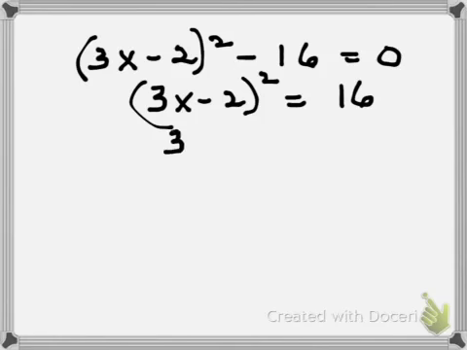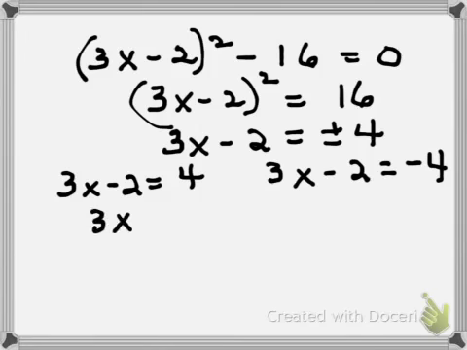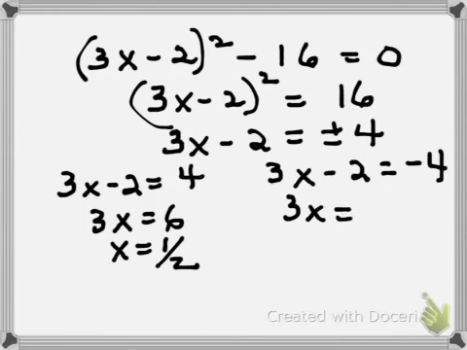So the square root of the left-hand side, the square root of the right-hand side, and then we have 3x minus 2 is equal to positive 4. 3x minus 2 equals negative 4. Adding 2 and dividing by 3, we get the two solutions.